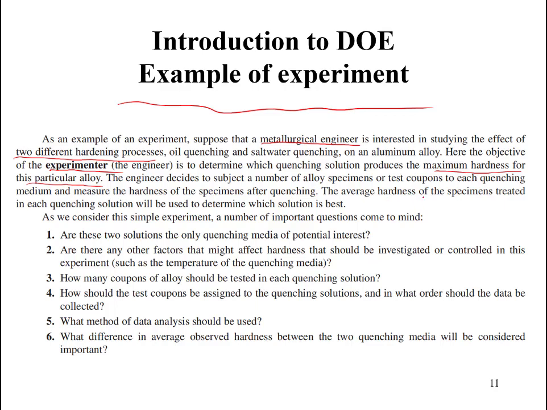The average hardness of the specimens treated in each quenching solution will be used to determine which solution is the best. So our engineer has started to use a design of experiments. This design of experiment can be used to distinguish the differences between these two methods for the purpose which the engineer has here.